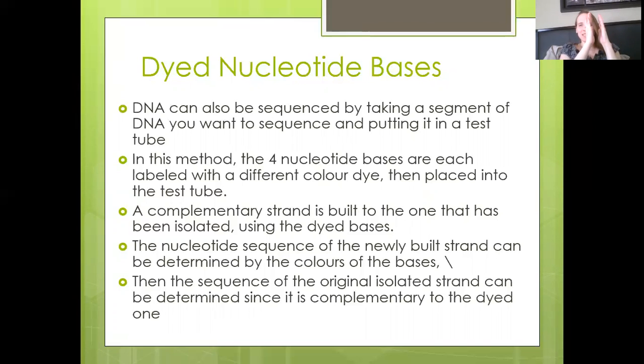If you see that the new strand is red, blue, green, well, that means it's A, T, G, and then you can work backwards. If you know that the new strand is ATG, well, then the original strand must have been TAC or whatever. They had to be the complements of one another. So you just work backwards like that to isolate the original strand.